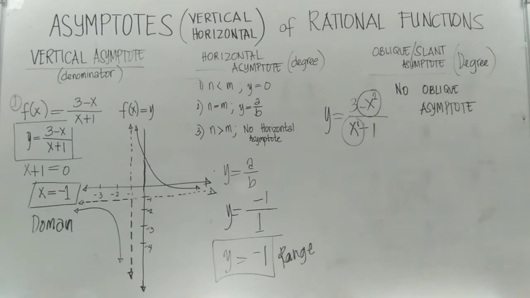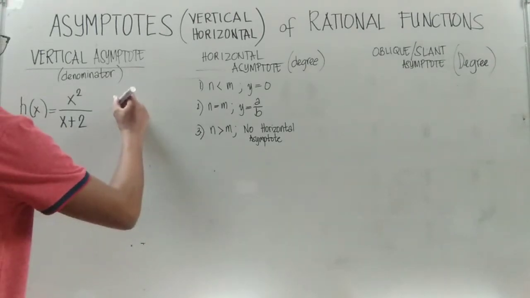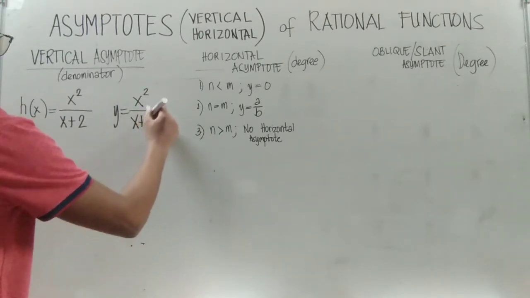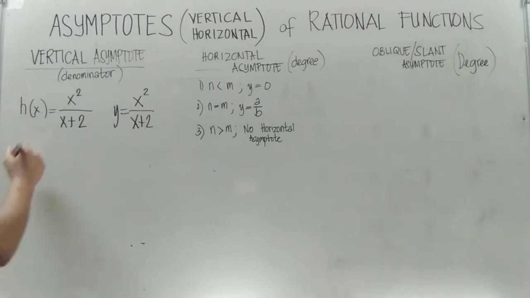I will show you the oblique asymptote in the next example. Example, we have the function h of x equals x squared over x plus 2. You can put it as y equal to x squared over x plus 2 if you want. Then solving for the vertical asymptote.